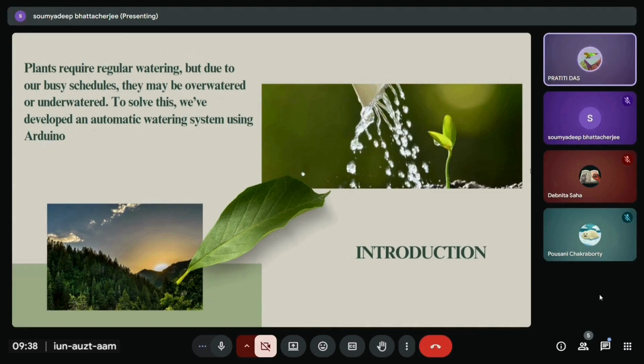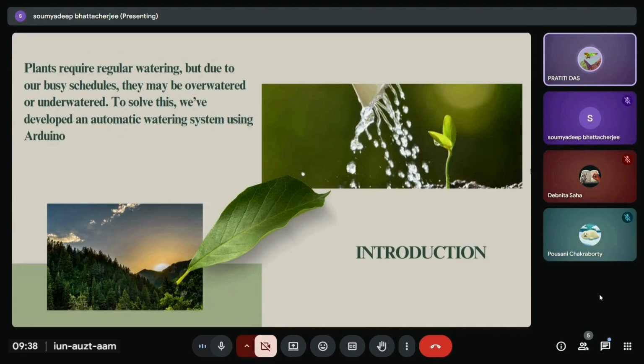These inconsistent watering habits negatively impact plant health and growth, sometimes even causing the plants to die. Though this may appear to be a simple problem, it is one that affects almost every plant owner, whether at home, in offices, or in greenhouse environments.